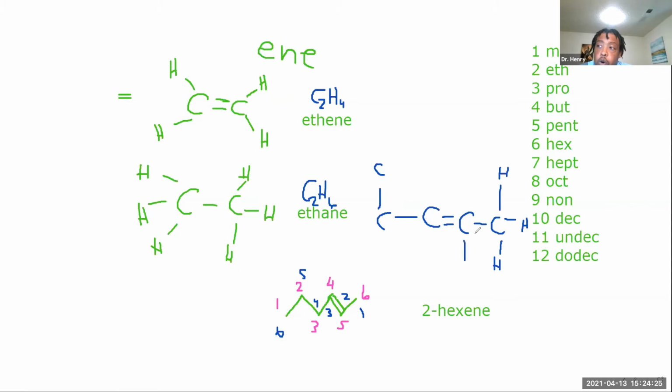That guy has 1, 2, 3, 4 attachments right there for 4 bonds, right? And then this guy has 1, 2, 3, 4. Then this guy has 1, 2, 3, 4.